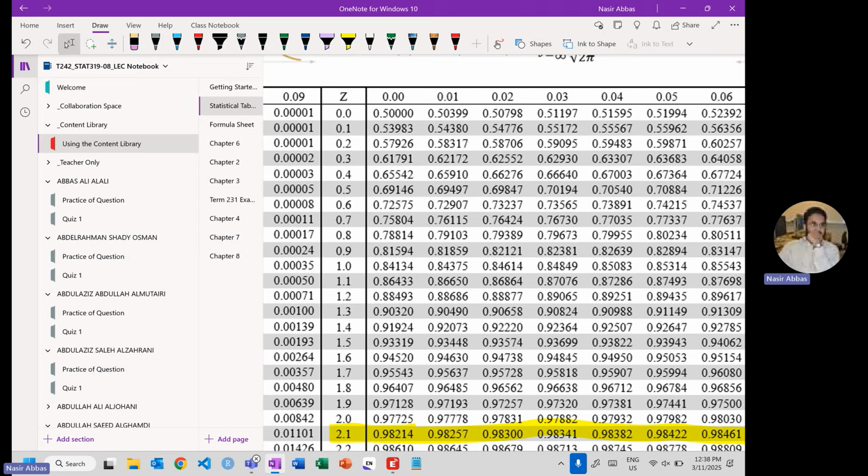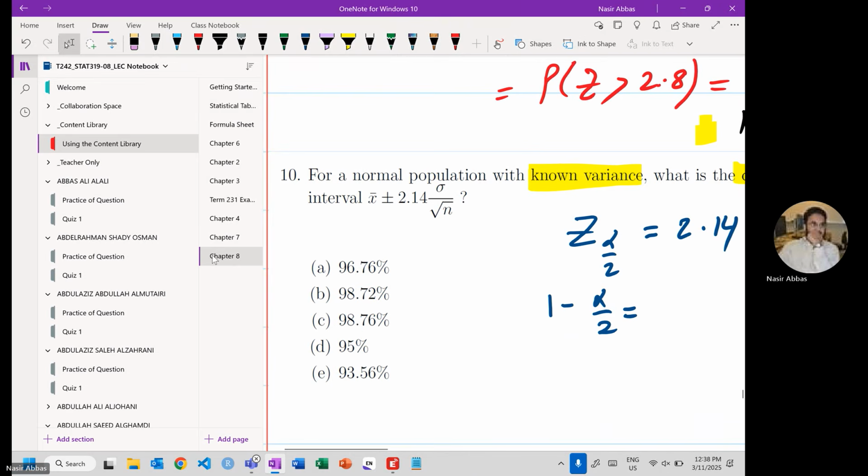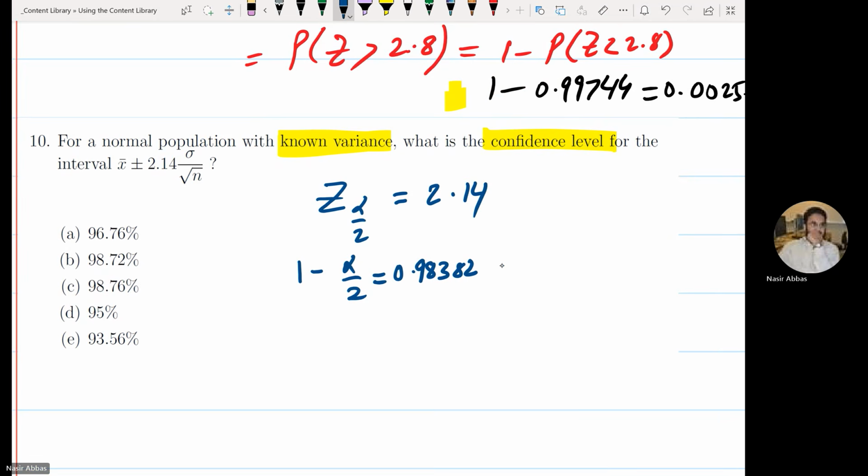So we take this value, 0.98382. What is alpha? So alpha in this case comes out to be 0.03236.